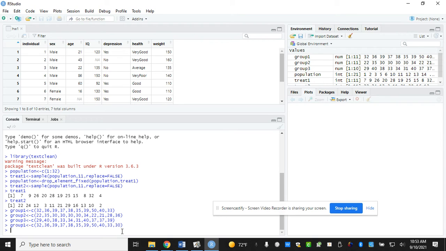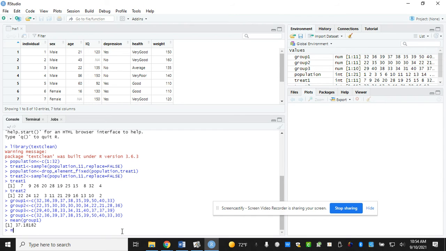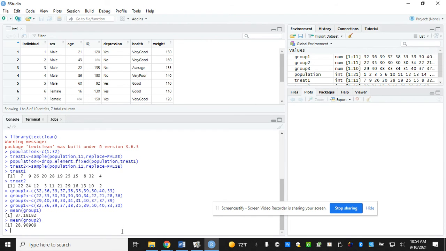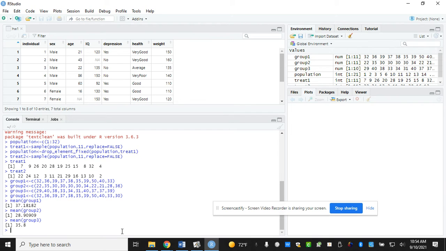Okay. So let's go with, we'll just look at the means of each one of them. So our averages were 37, 28, 35.8. What was group 2? That makes sense.